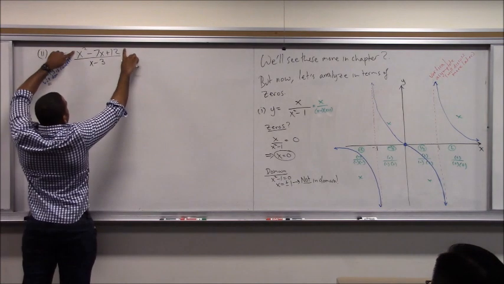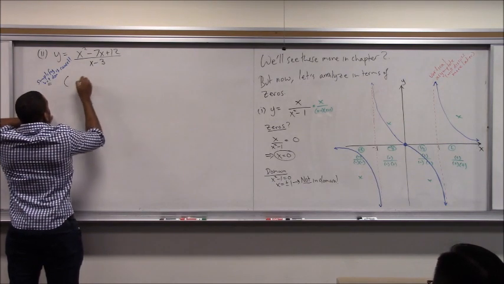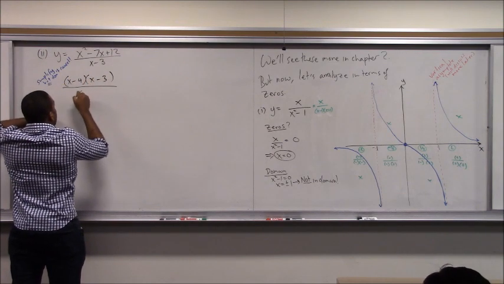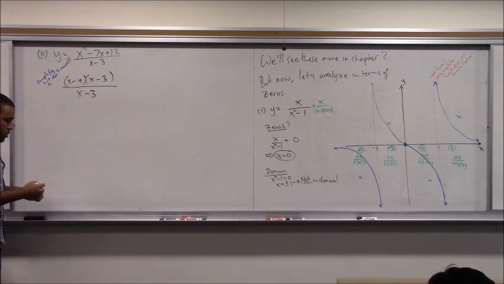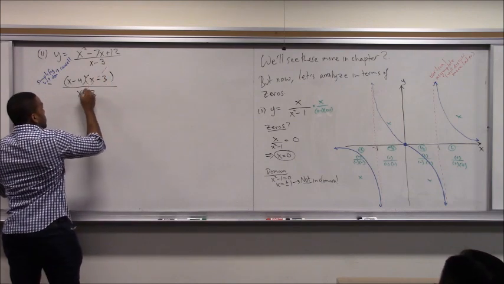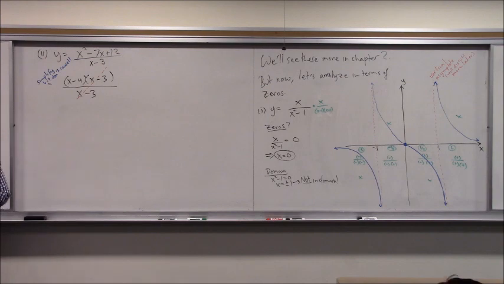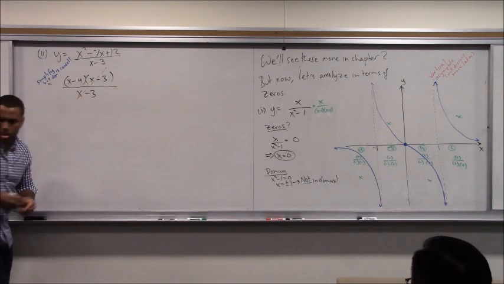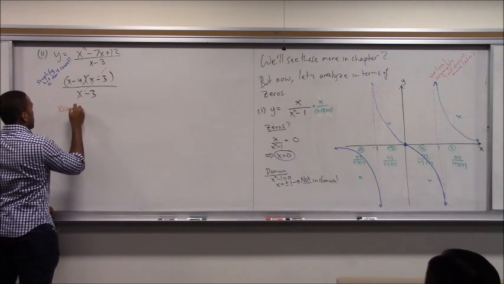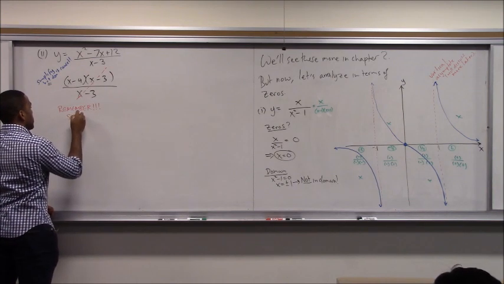So, does the top actually factor? Yeah. 8 minus 4x. Okay. So you see here what's happening is you would feel like we can cancel here. But I want you to remember that simplifying does not fix the domain.